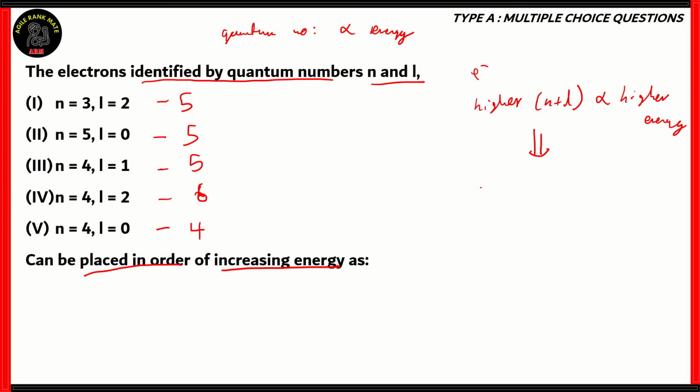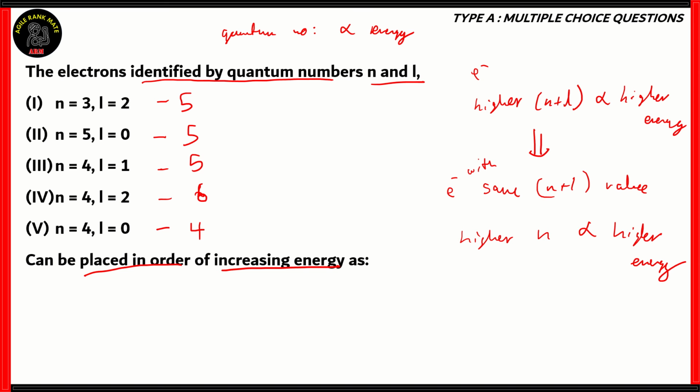Well, for any electrons which have the same n plus l value, the higher value of n translates to higher energy. A higher value of the principal quantum number gives higher energy. That technically means if the electron is in the outermost orbit, then it will have the maximum amount of energy.